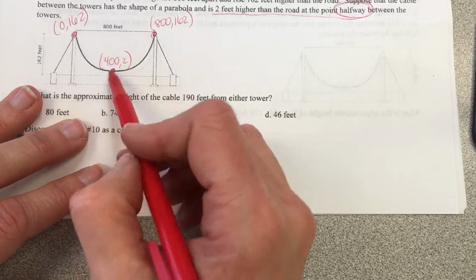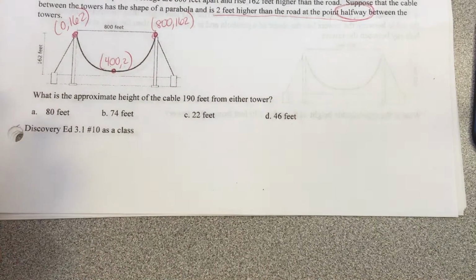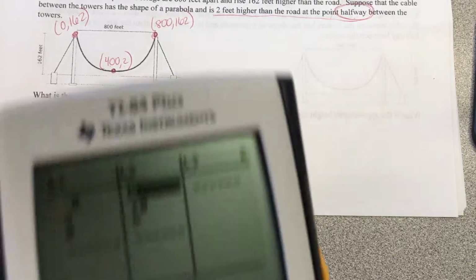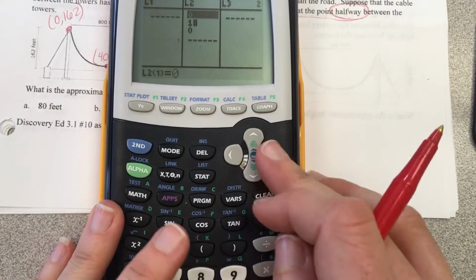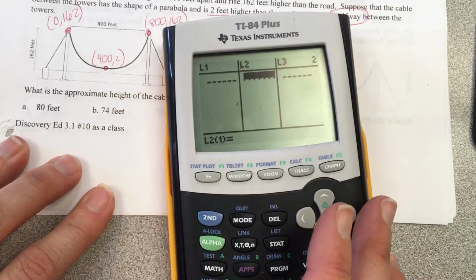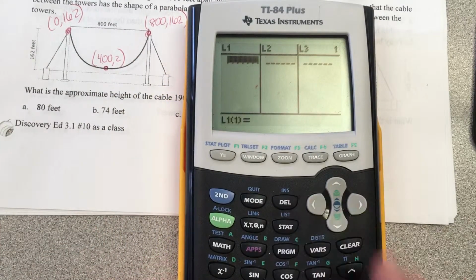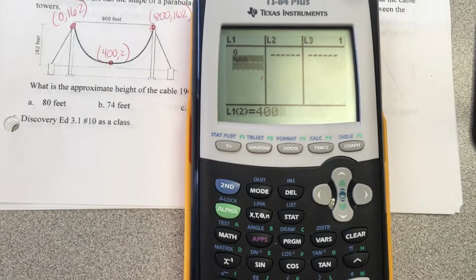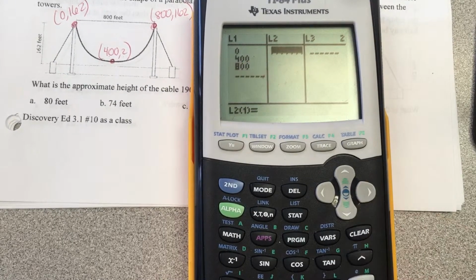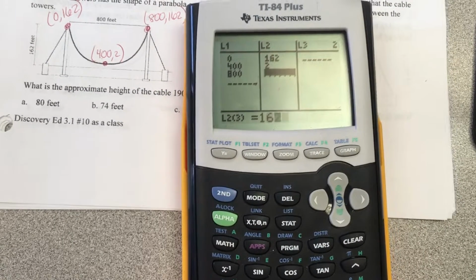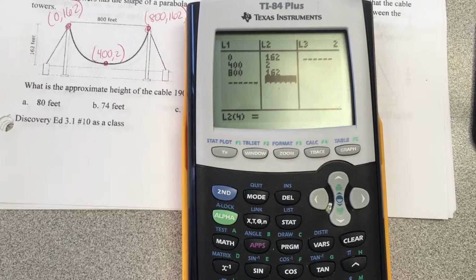All right, what are we going to do with our points? Put them into stat. Let's go. You're putting your X's in L1 and your Y values in L2.